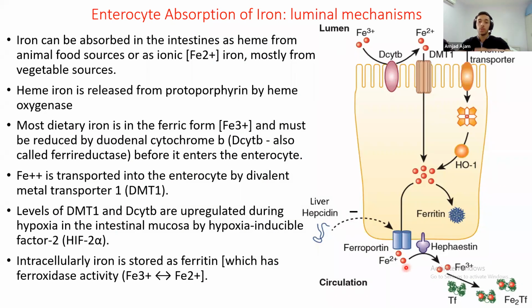So this is how hepcidin works. Exactly, it regulates the amount of iron. So when we have a lot of iron, the bone marrow does not require iron. The hepcidin will be released, and therefore it will do two things. It will decrease the absorption from the enterocyte, and it will decrease the release of iron from macrophages.